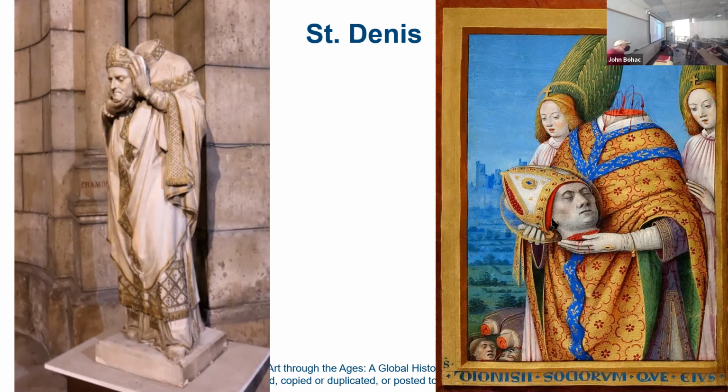But rather than just die right there, what happened with Denis was that he picked his head up and he walked away, head in hand, just like this. This one, he's got his eyes closed. This one, he's actually kind of looking where he's going a little more. But that's what he did. And he walked and walked and walked. He walked about 20 miles, which got him far away from Paris at the time.